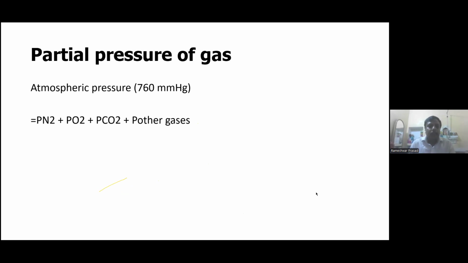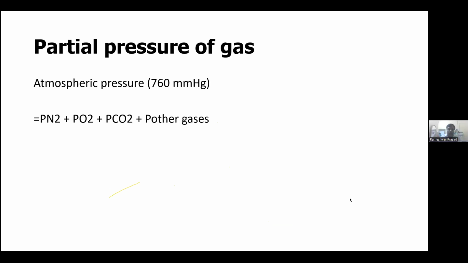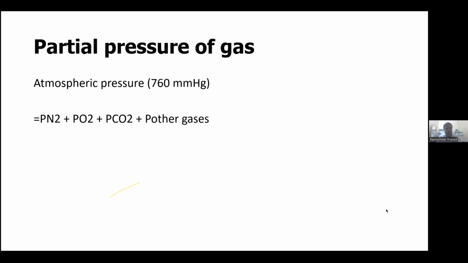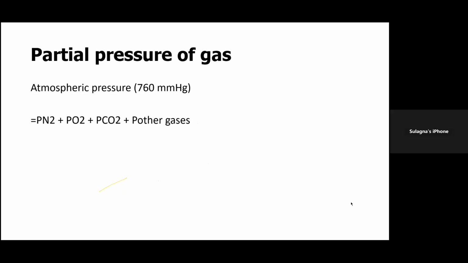So, what will be the pressure exerted by oxygen itself in the atmosphere? Simply multiply 760 with 0.21. What will be the result? Can anyone say? Multiply 760 millimeter mercury with 0.21, which is the concentration of oxygen in air.